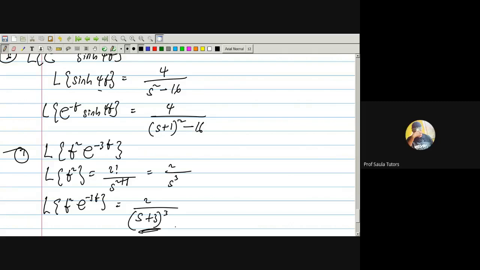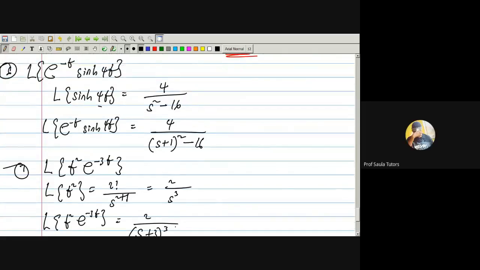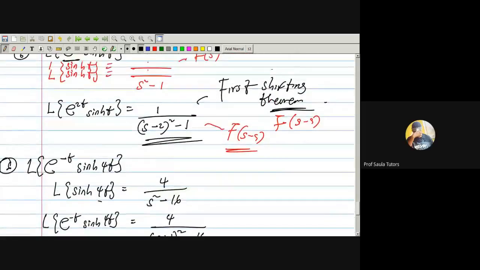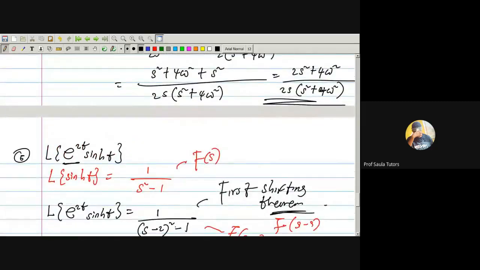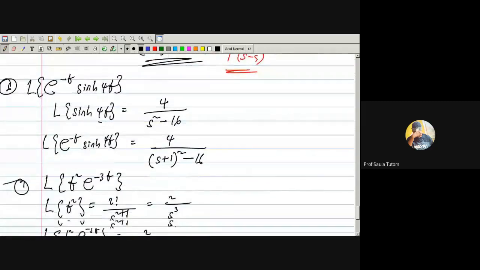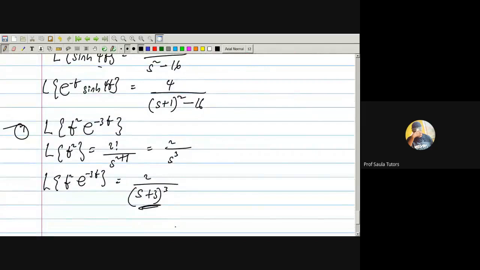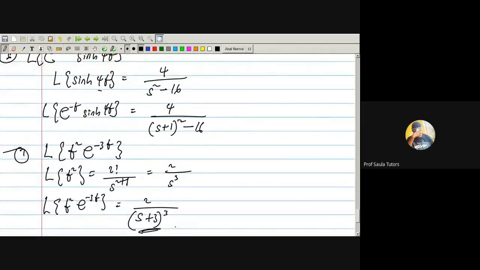So let me give you your own exercise. Please mute yourself. Since we've learned how to evaluate the Laplace transform and you have observed the properties, before we can solve differential equations with Laplace transform, you must learn how to find the inverse Laplace transform.